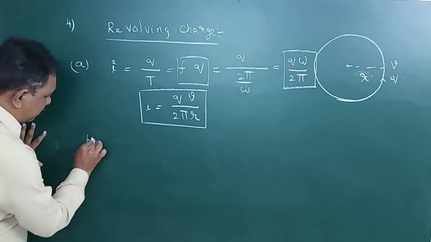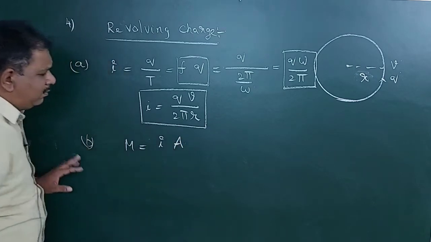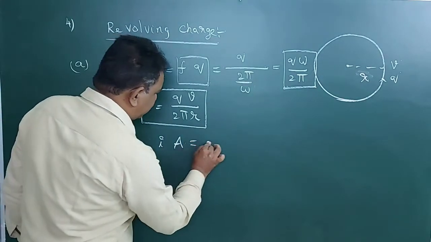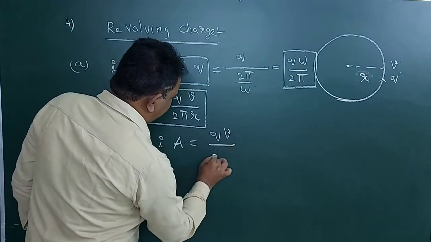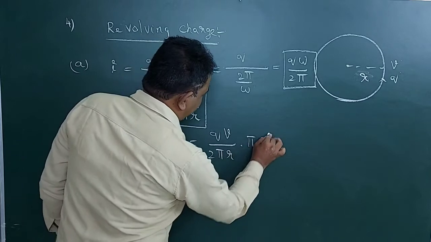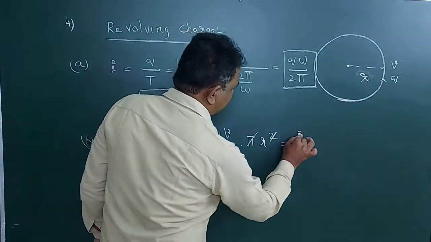Next, what is the magnetic moment? They will ask. M is equal to I into A. I value is QV by 2 pi R. A value is pi r square. Pi and one r will cancel.